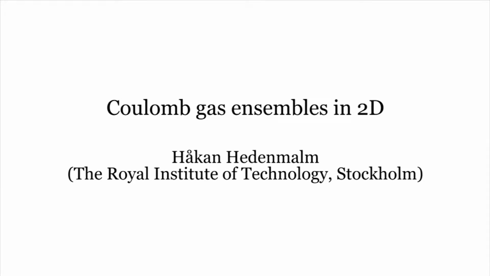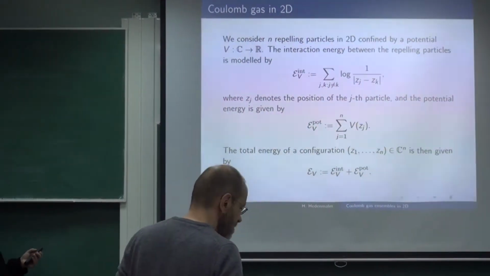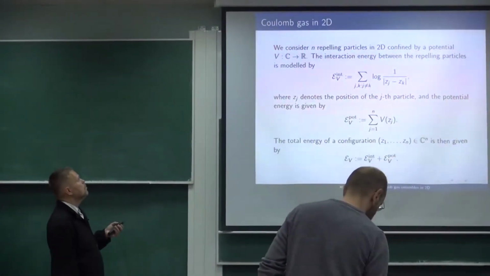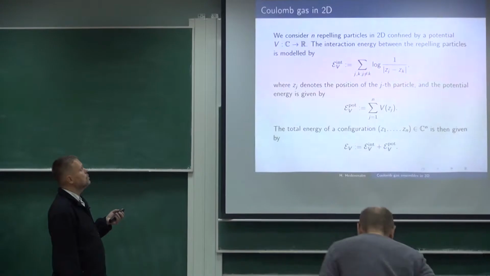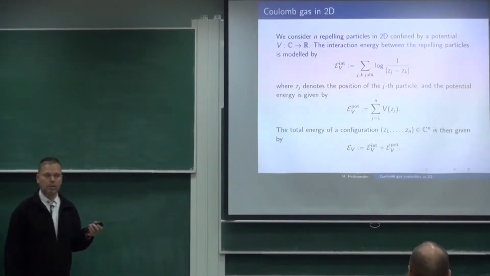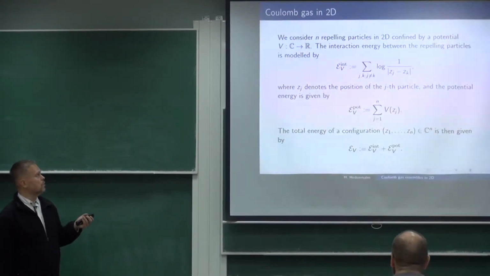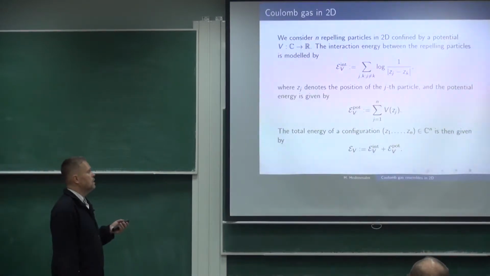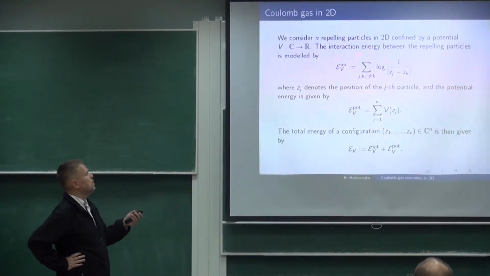Okay, so I will talk about Coulomb gas in two dimensions. The model is, of course, that of logarithmic interaction between particles. The potential interaction between any two particles is given by the logarithmic potential.